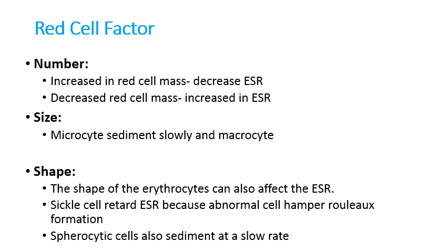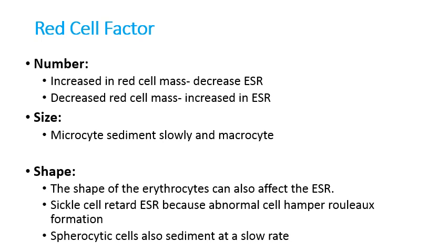Now if you take the size, it's very interesting, because now you know macrocytes have more surface area than the microcytes. So theoretically speaking, if there are a lot of macrocytes, the ESR should be less, because there is less sedimentation because of large surface area.